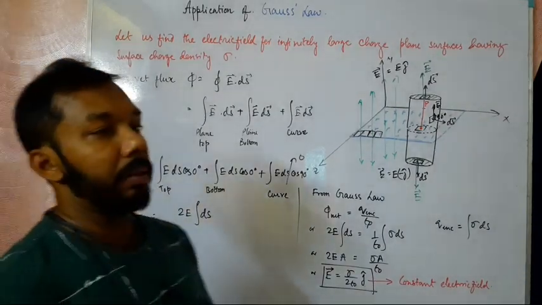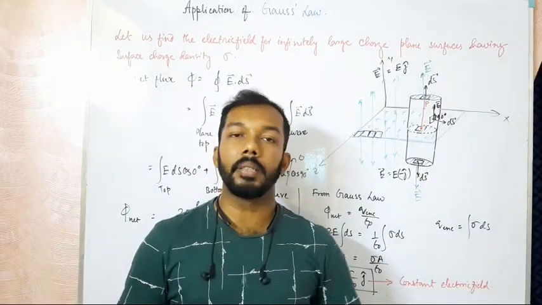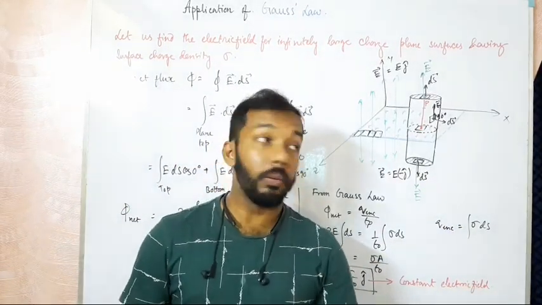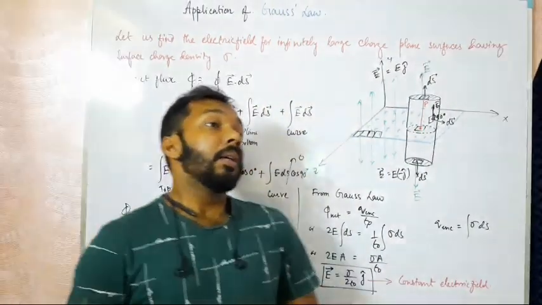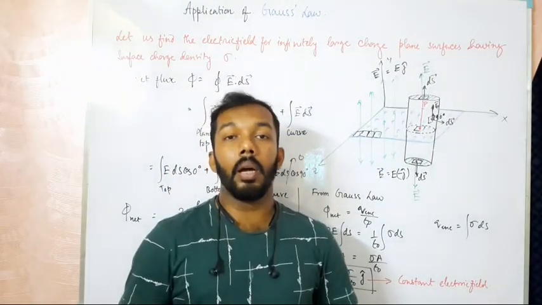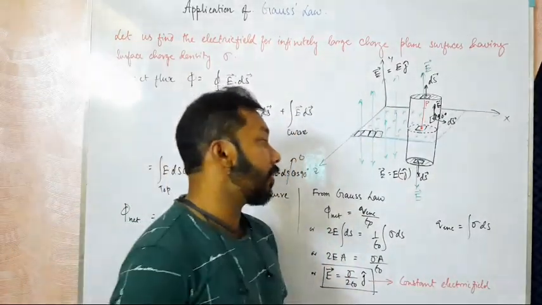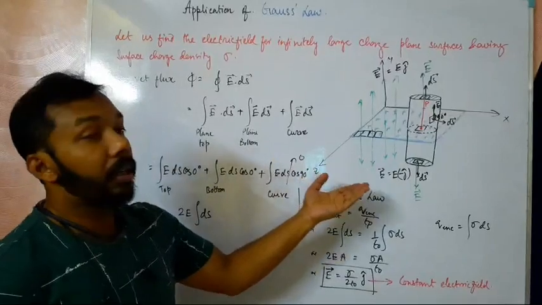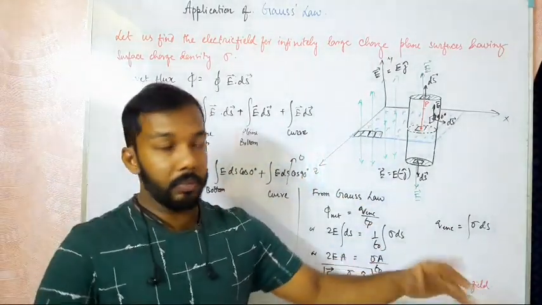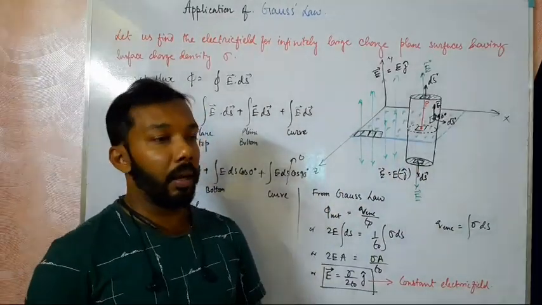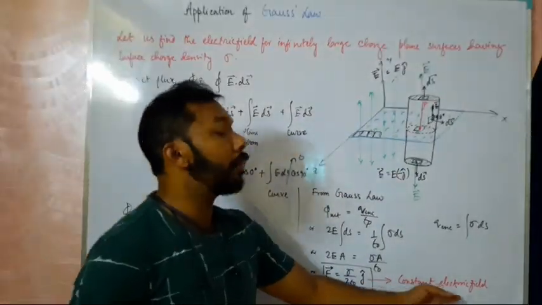Previously we saw that whenever the charge distribution is along a wire, a linear charge distribution, of course extending up to infinity, the electric field falls with respect to 1 by r, inversely proportional to r. And here, when the charge distribution is in 2D, along an infinitely long sheet, the electric field becomes constant.